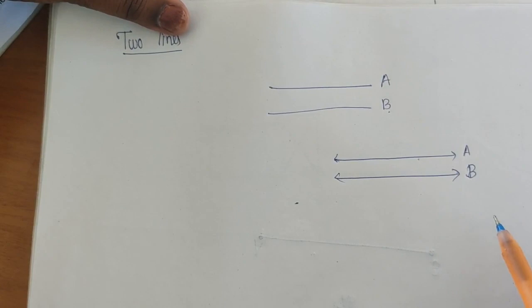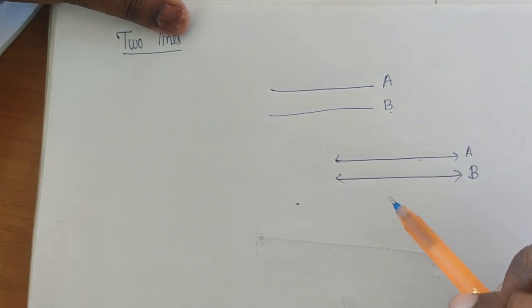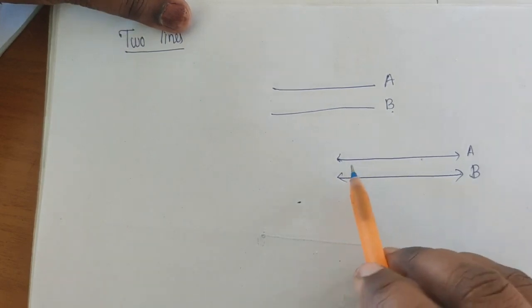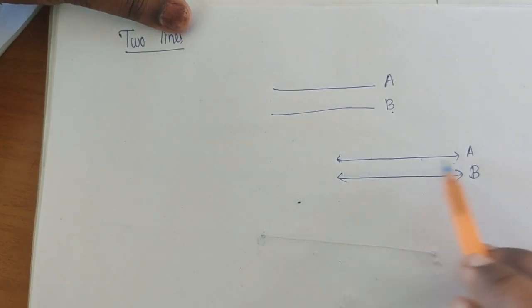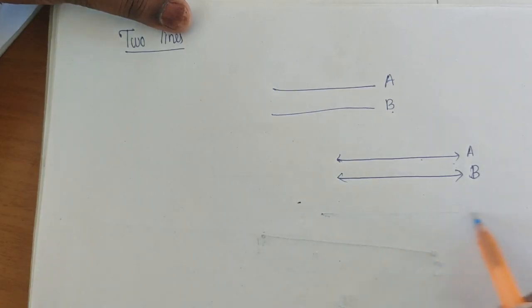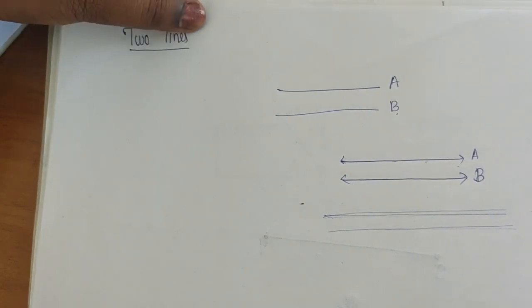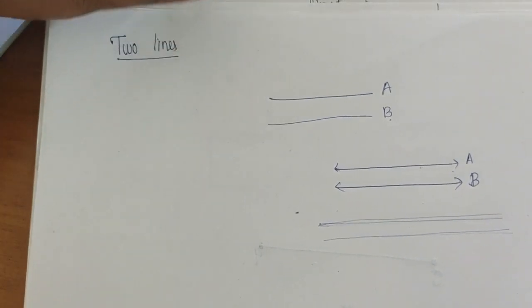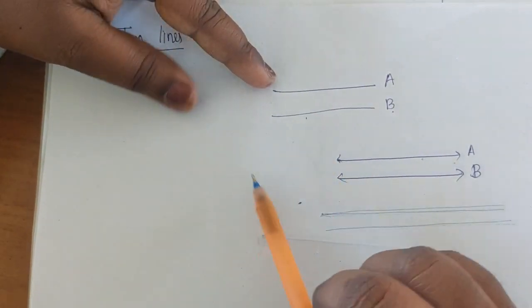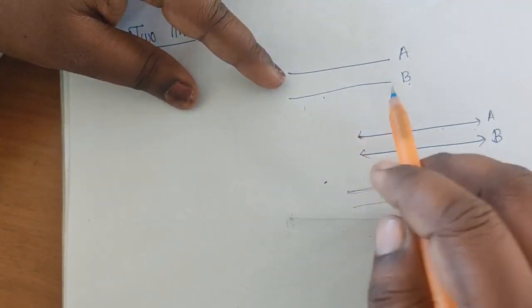Parallel lines are lines that go on forever on either side without meeting. So the next one is intersecting lines. Okay students, intersecting lines. When two lines intersect, A and B are lines.